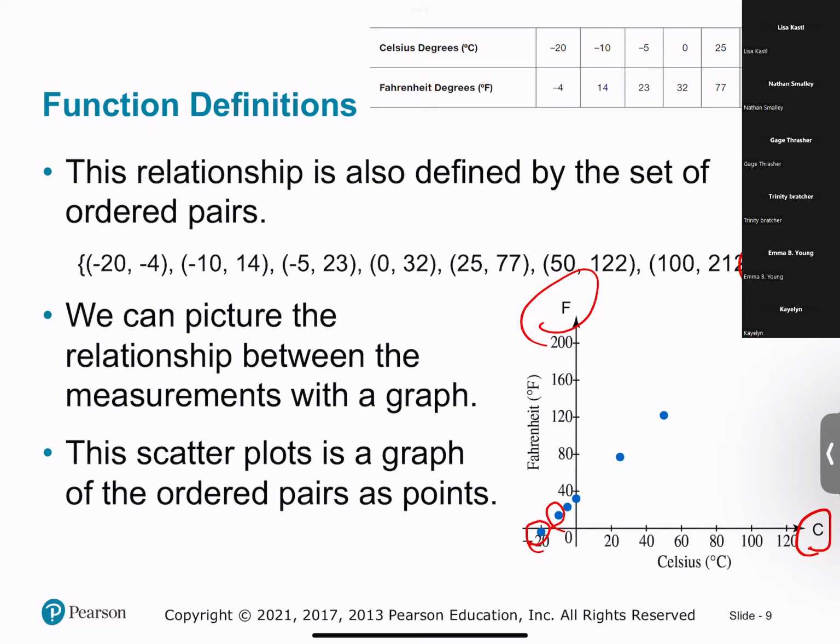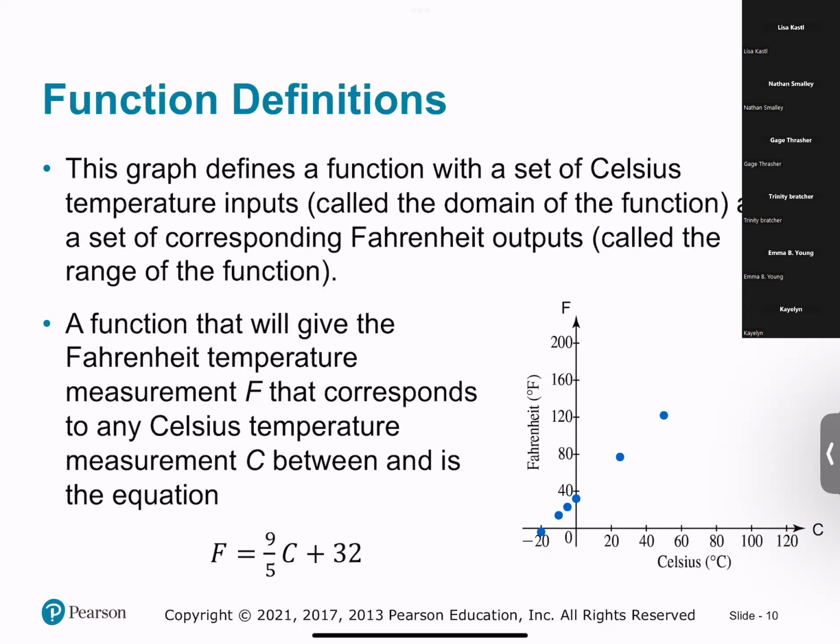So this is the graph, and it looks like a line to me. Doesn't it look linear to you? Looks pretty much like a straight line, by the way it is. Okay, so this graph defines a function. Well, what makes it a function? With a set of Celsius temperatures, which we call inputs, which we also call the domain.